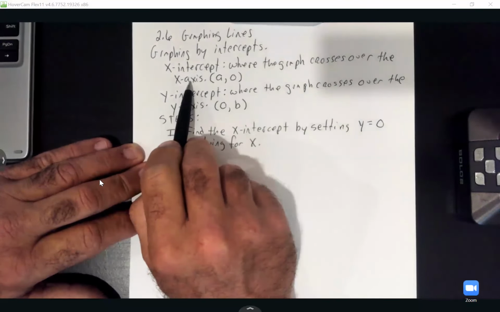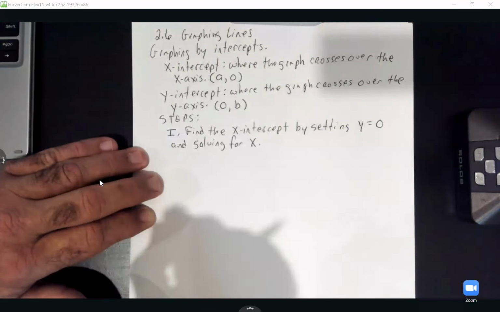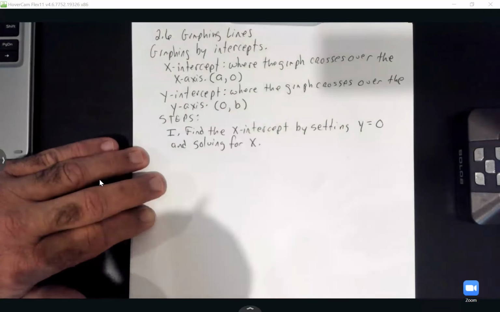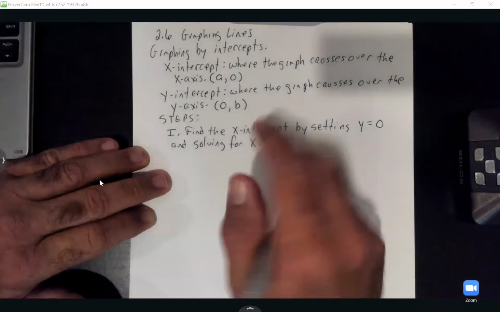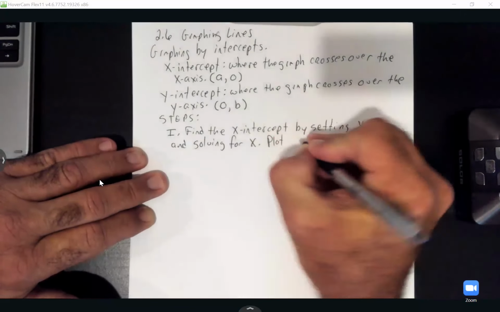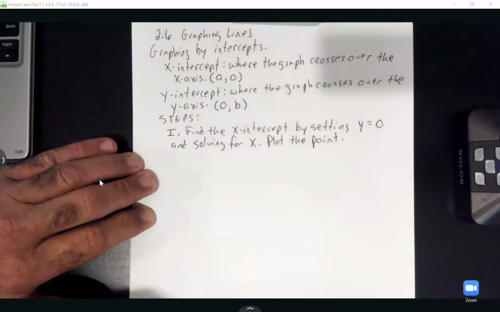Because remember, right here, we said the x-intercept has a y value of 0. So if you plug 0 into your equation, solve it for x, that'll give you the x-intercept. So find that x-intercept and plot the point. So that's 1 point out of the way.